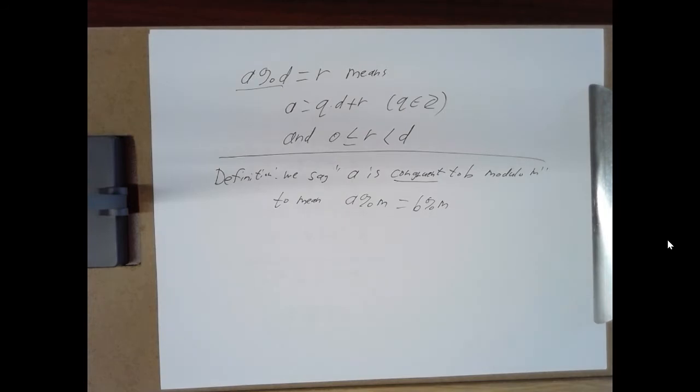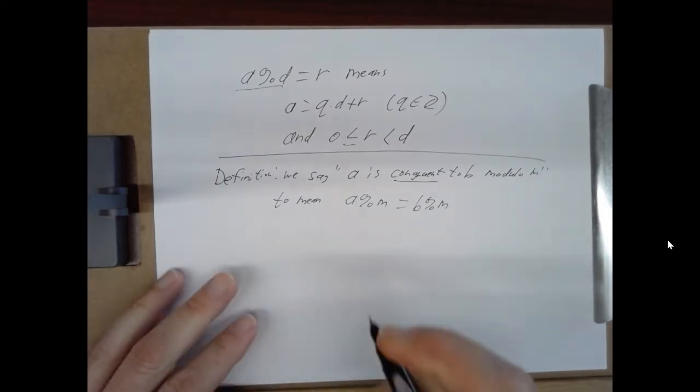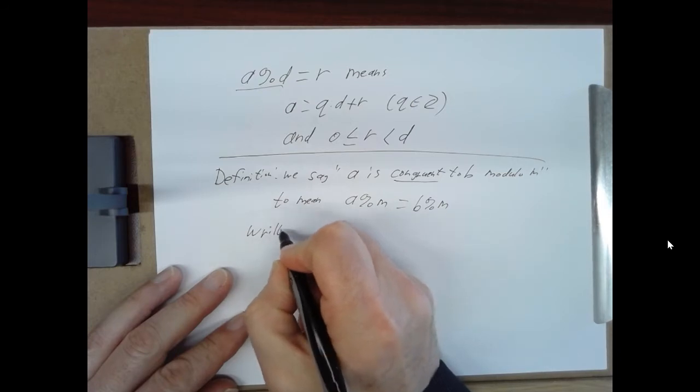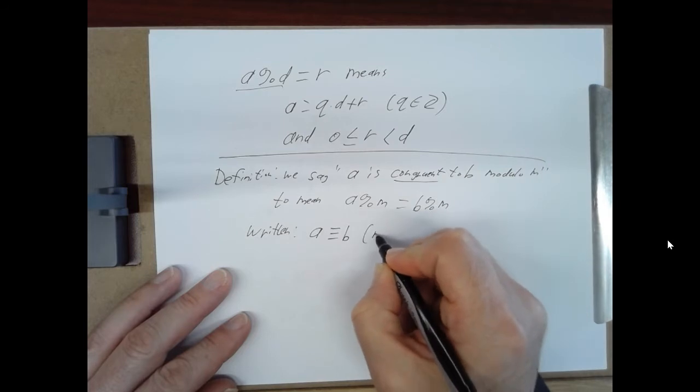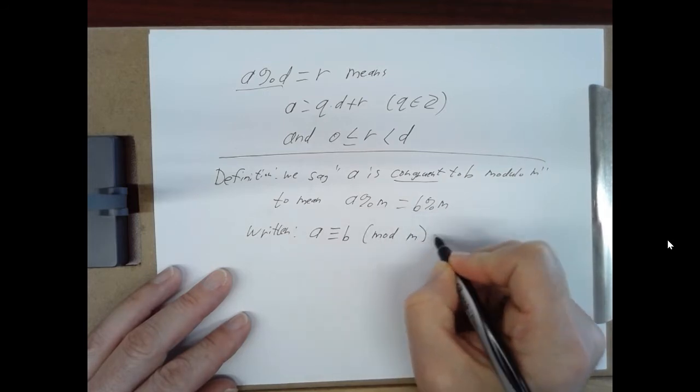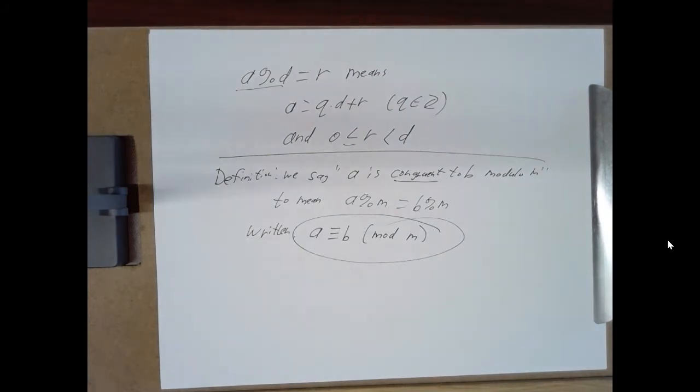They have the same remainder when you divide by M. And this is written as A triple equal sign B, parentheses mod M. So that symbol, A is congruent to B mod M, means A and B have the same remainder when you divide by M. And clearly we need the remainder to be unique, between 0 and M minus 1 in this case.